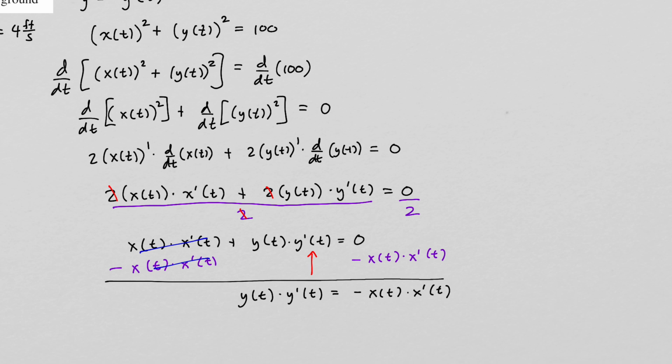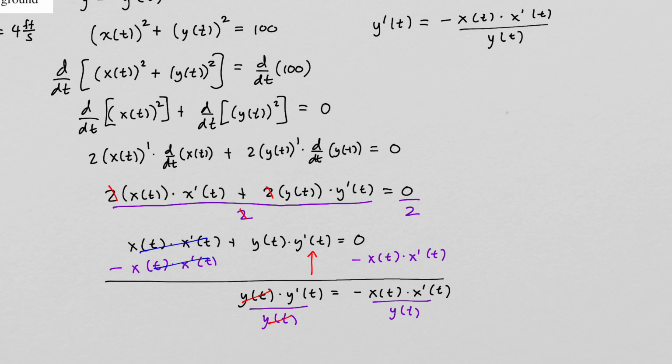And to solve for y prime of t, I'm just going to divide both sides by y of t. That will cancel this out. And let's bring this solution up above here. We have y prime of t is equal to negative x of t times x prime of t divided by y of t.